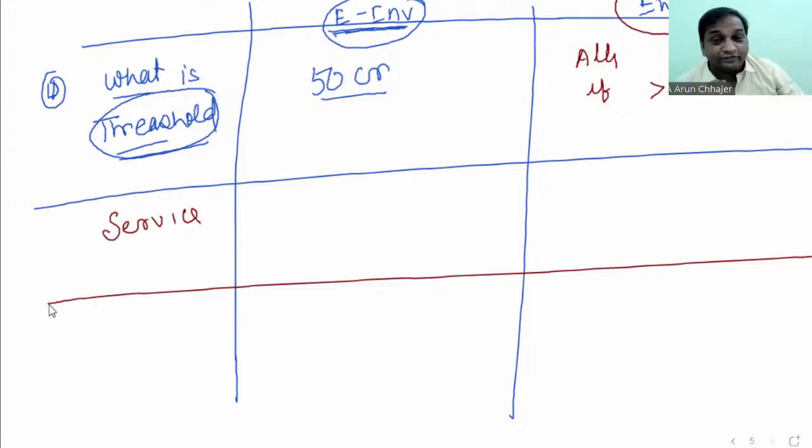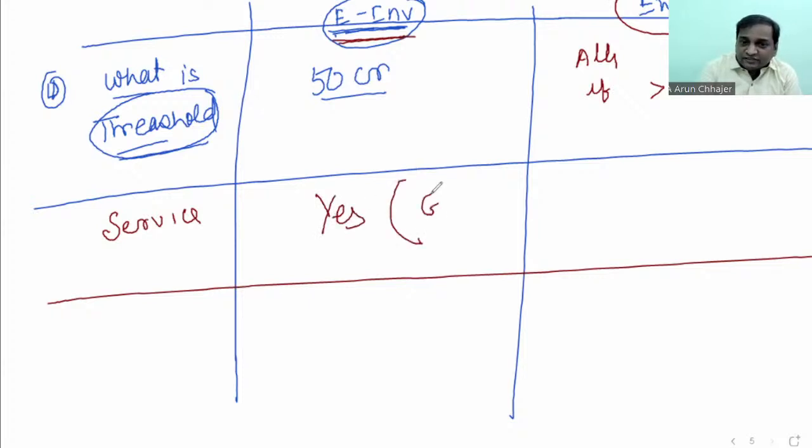You all are very active. Now give me the answer. If e-invoice provision is applicable to me and my transaction is supply of service, should I prepare the e-invoice or not? Answer would be yes. Whether it is goods or services, the e-invoice would be applicable.